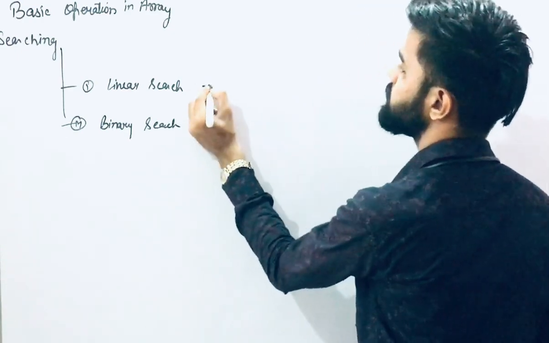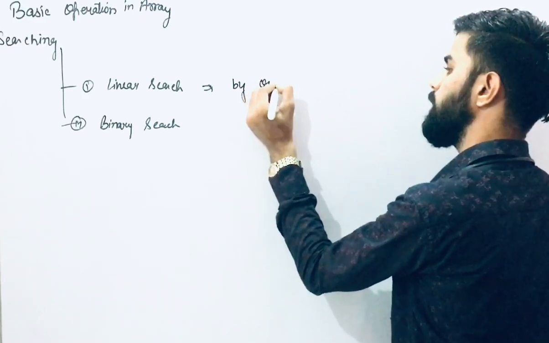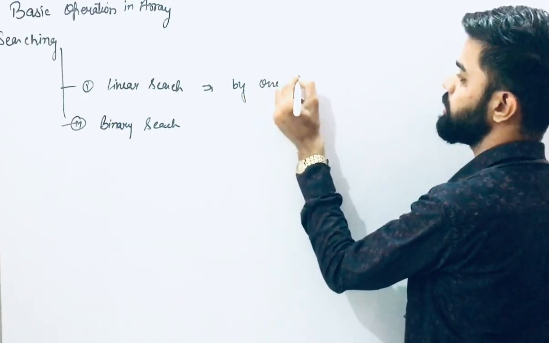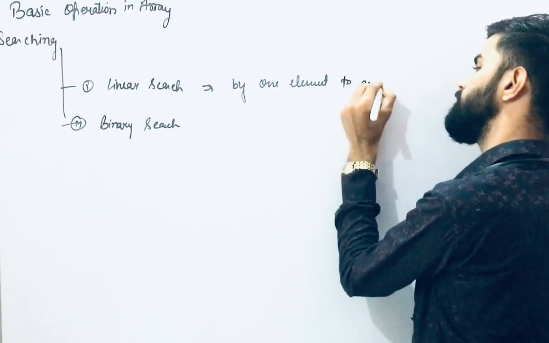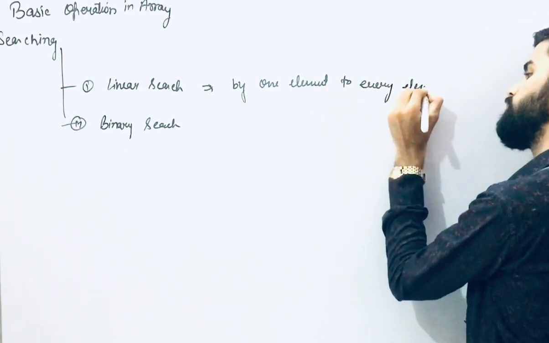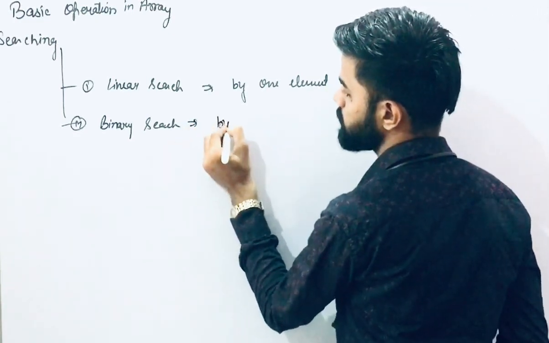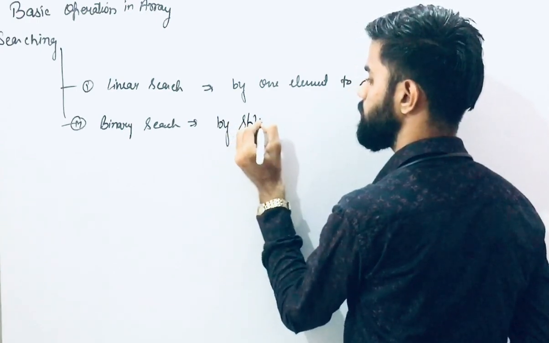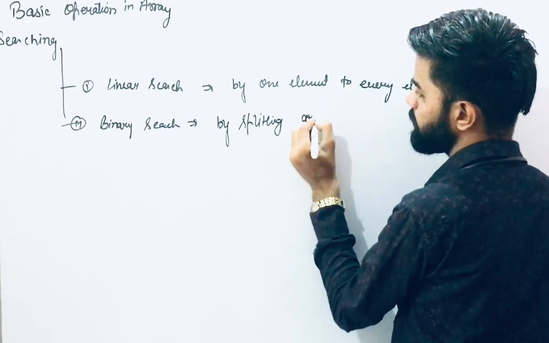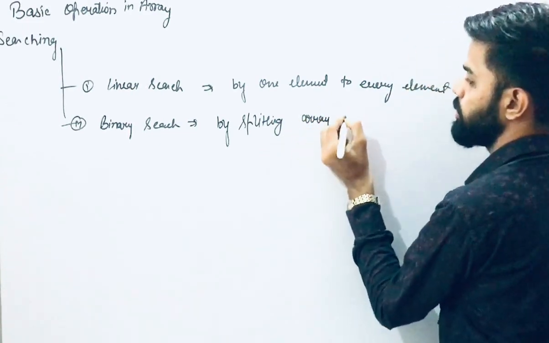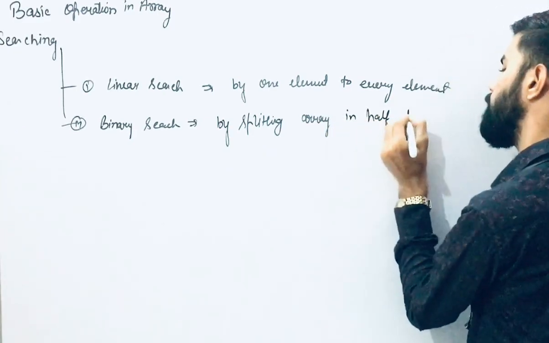If you are talking about linear search, then it searches from one element to every element, and in binary search we search by splitting the array in half form.